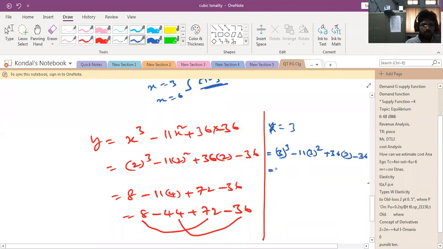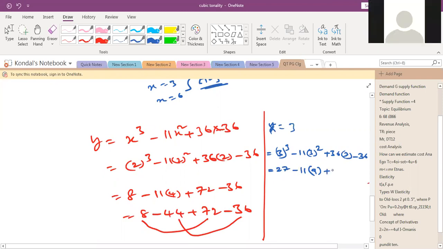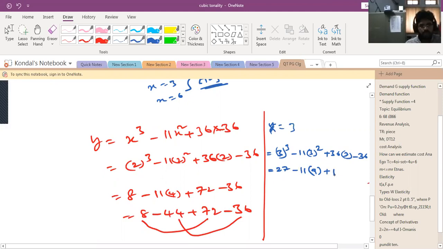So 3 cube, how much will we get? 27. 11 into 3 square, 3 into 3 is 9. 36 into 3 is 108. 108 minus 36, right?